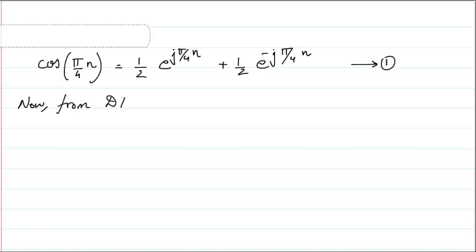Now from DTFS we have already seen the equation: if we know x of n, we get x of k. Now if we know x of k, we can find out x of n.